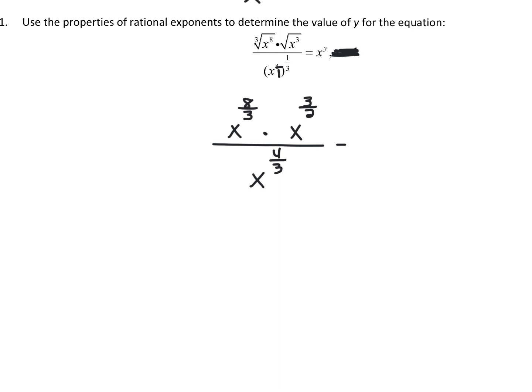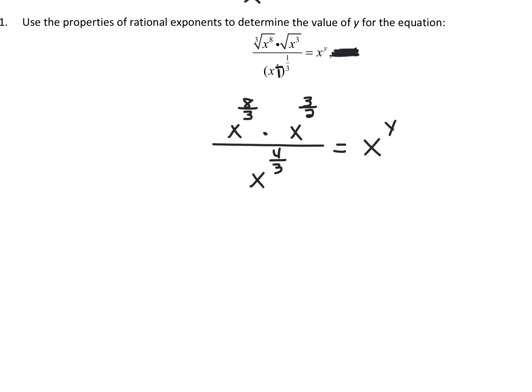Now let me bring down the right-hand side of the equation. We're going to try to make this all into one term. Now remember, if you're multiplying two terms with the same base, all you do is add the exponents. So if you take 8/3 and add on 3/2, you get 25/6.